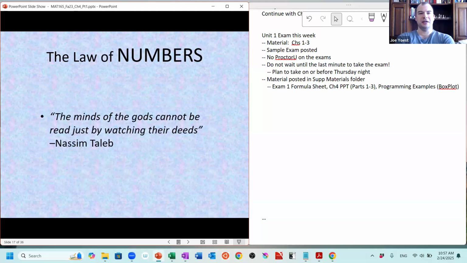Another quote that I like is by Nassim Taleb. He wrote a book called The Black Swan. It's not the one about the ballet dancer. It's about statistically unlikely events that happen more often than people would estimate. He was a hedge fund manager.